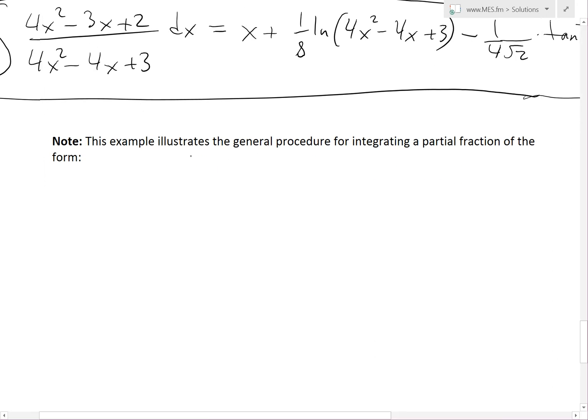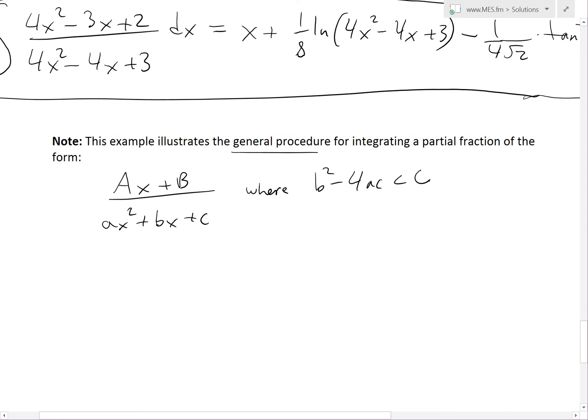Now, an important note in this pretty extensive example is that it illustrates the general procedure for integrating a partial fraction of the form (ax plus b) divided by (ax squared plus bx plus c), where b squared minus 4ac, called the discriminant, is less than 0.